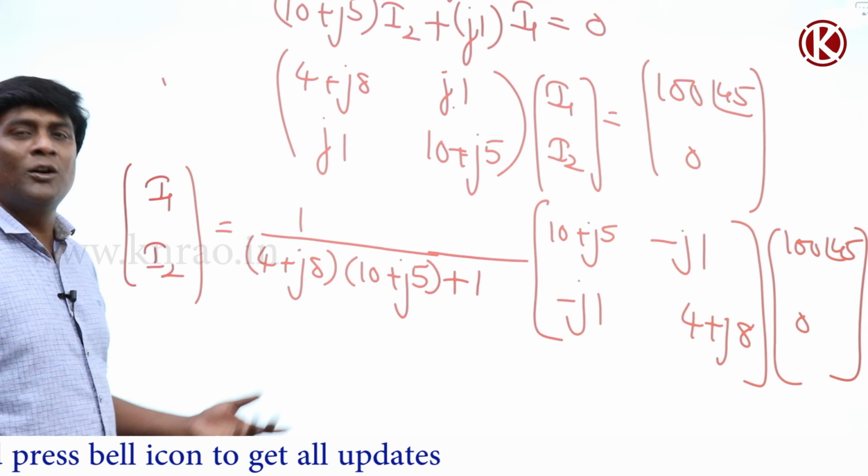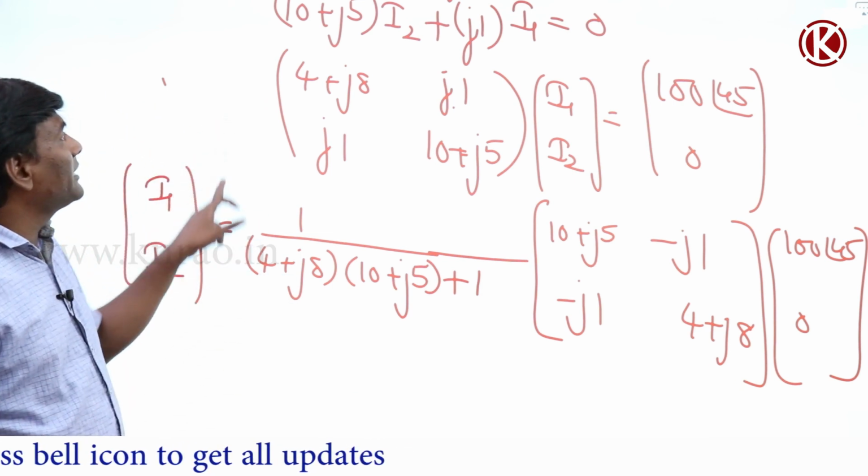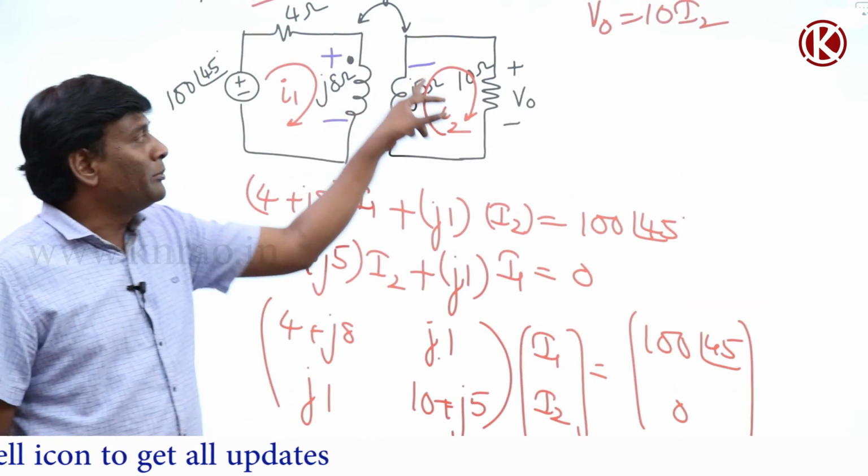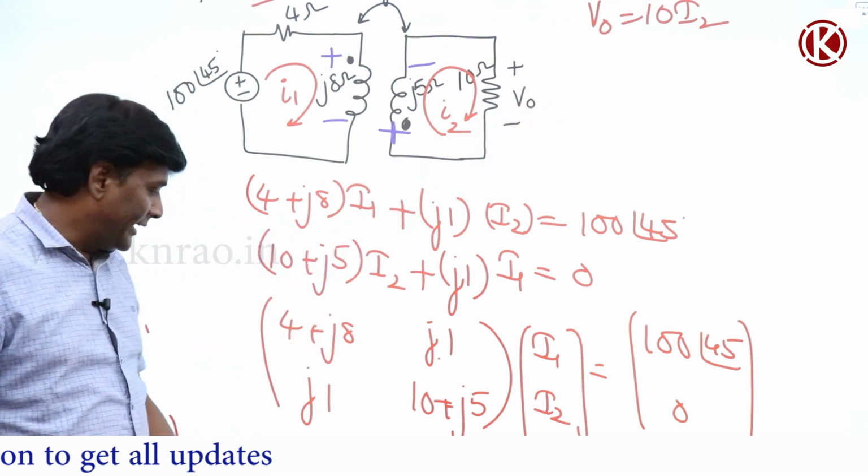Directly I have to calculate I2 only. I1 I need not calculate because I2 multiplied by 10 is going to be V0.